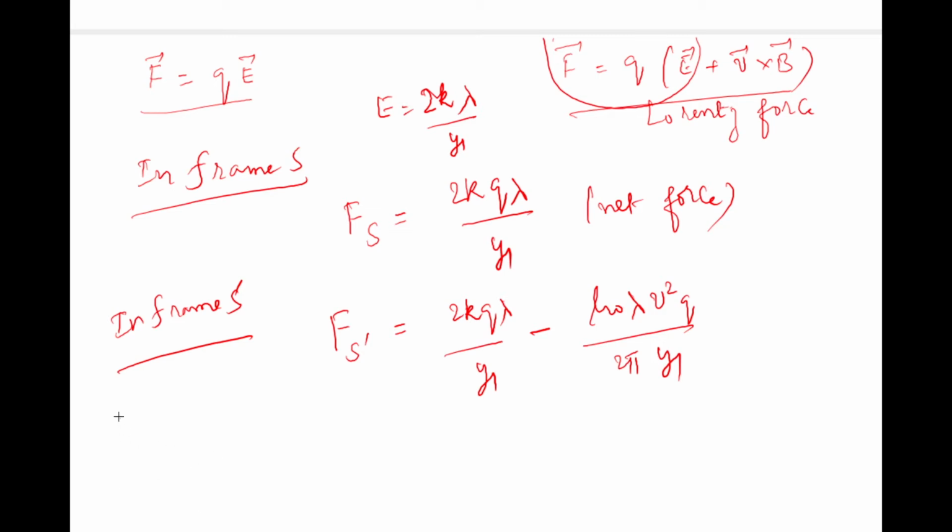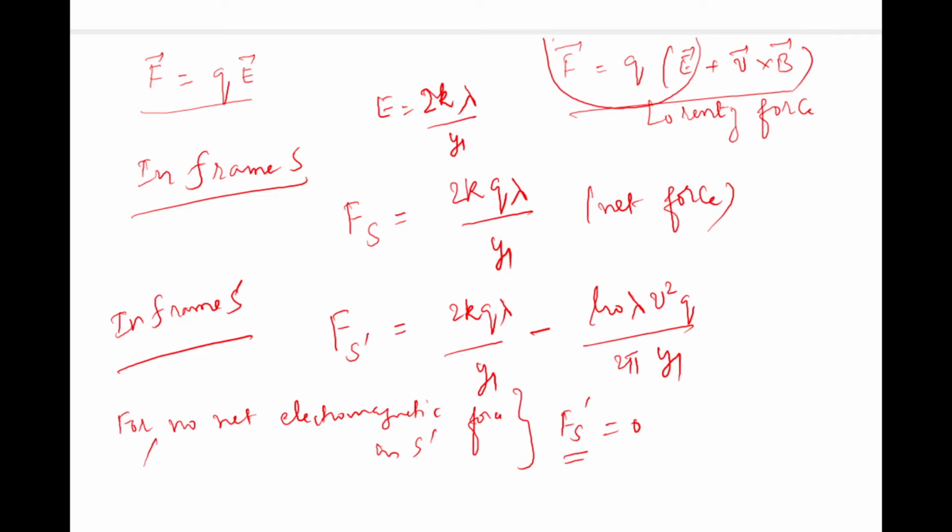Now the question asked is, what is the velocity for no net electromagnetic force? So no net electromagnetic force would require this Fs prime to be equal to 0. No net electromagnetic force in S prime. That is the condition.